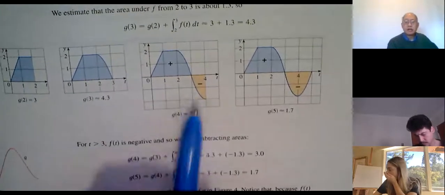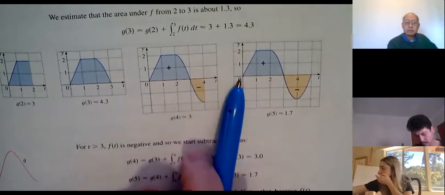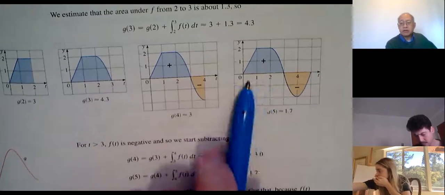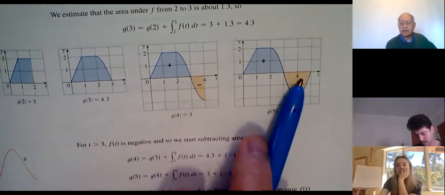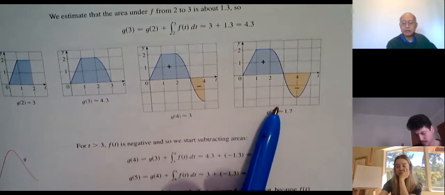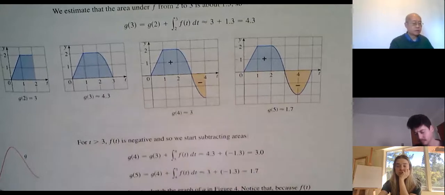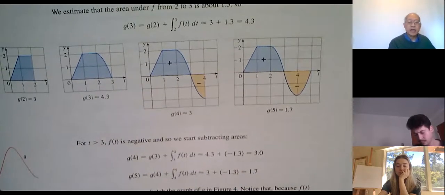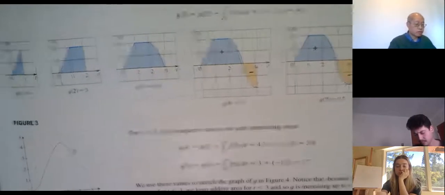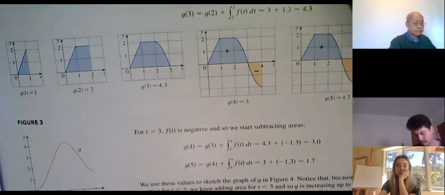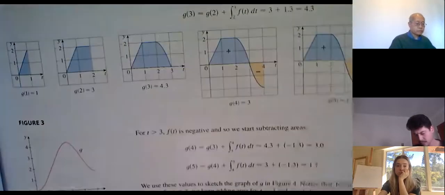And g of 5, notice you're always starting at 0. And now you're moving out to here, so you're getting more negative stuff. They're estimating that that's about 1.7. Okay. So that's sort of what's happening over here now. Okay, so you have this strange area function, so to speak.